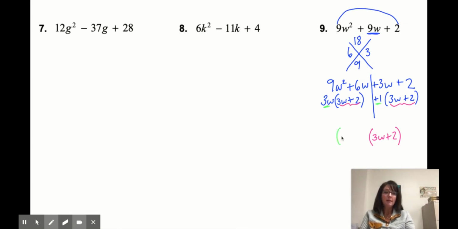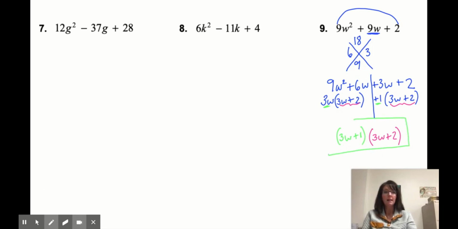We could rewrite these as 3w plus 1. So think about when you had two binomials that you were multiplying, you took 3w times 3w plus 2, and then 1 times 3w plus 2. All right. So this becomes our factored polynomial right here.